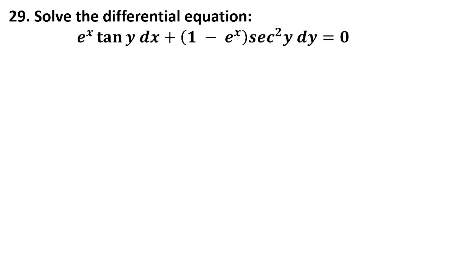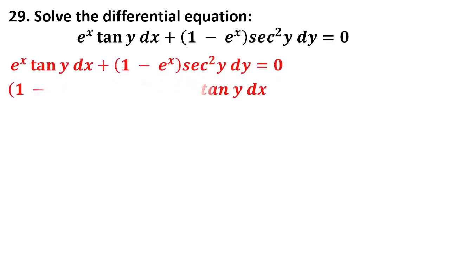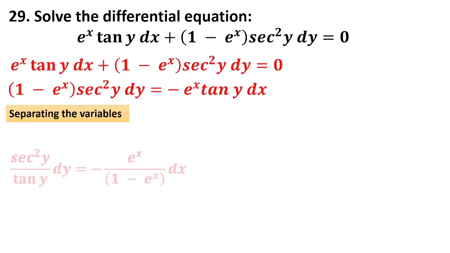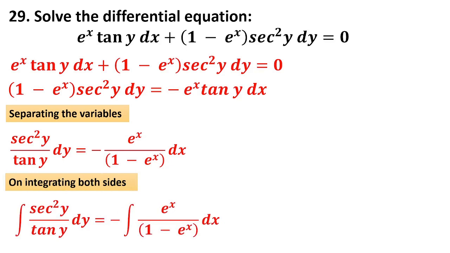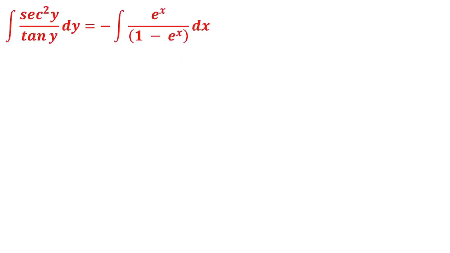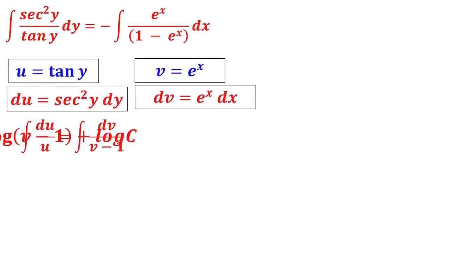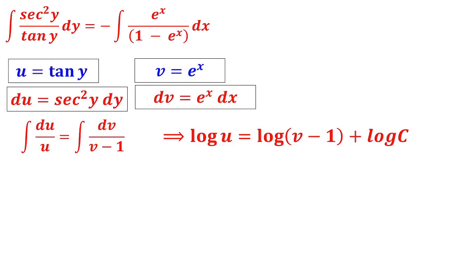Again, a problem of variable separable. I am keeping all dy in the left hand side and bringing all dx to the right hand side. Now we will integrate. Now this also can be done by substitution, because in the left hand side the numerator contains the differentiation of tan y, and the right hand side numerator contains the differentiation of e power x. Do the substitution. You will get log u is equal to log of v minus 1 plus log c.